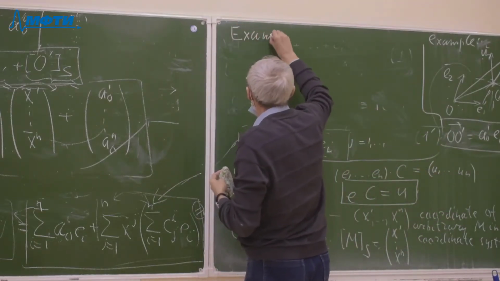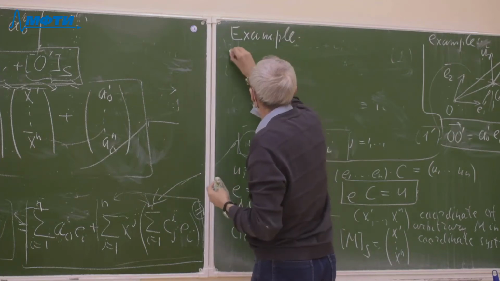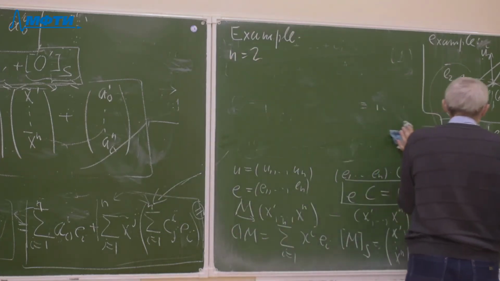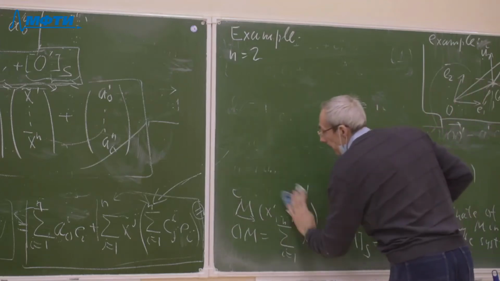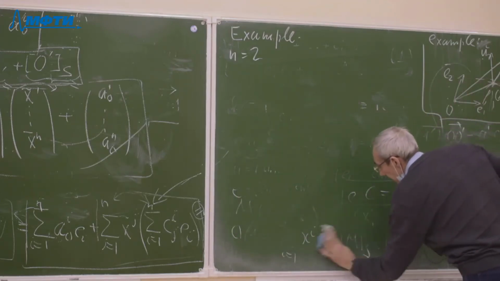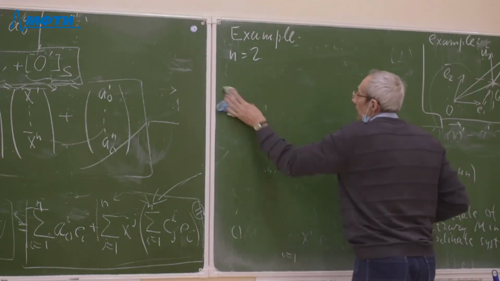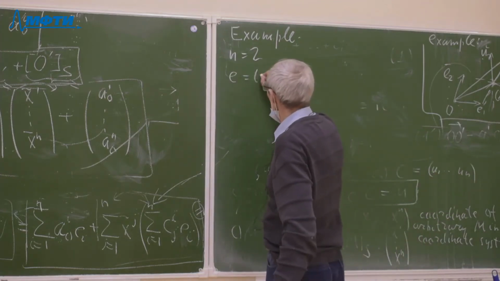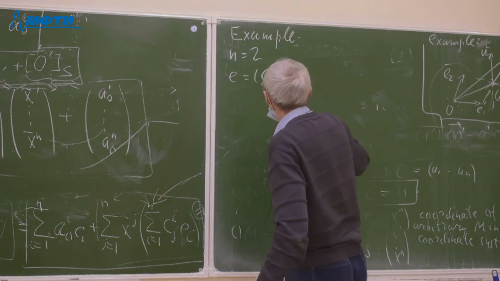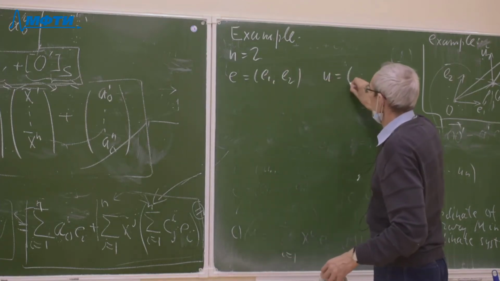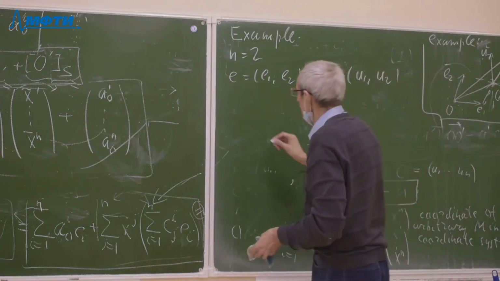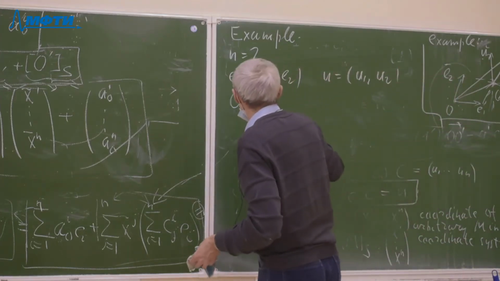Example. N is equal to 2, and in this case we have the old basis E, E1, E2, and the new basis U, U1, U2, and coordinate O prime.